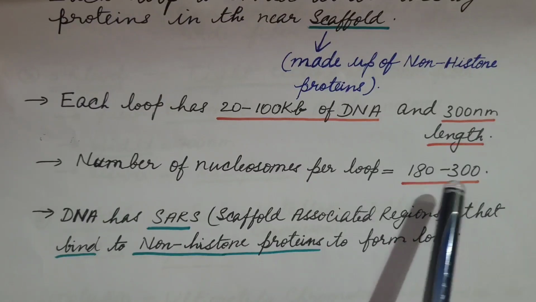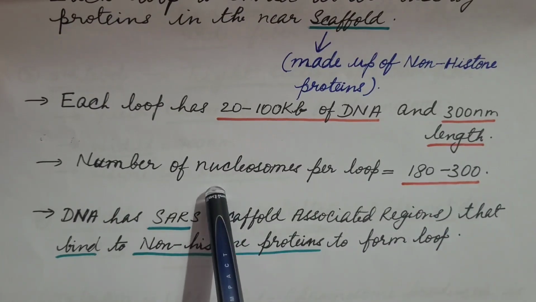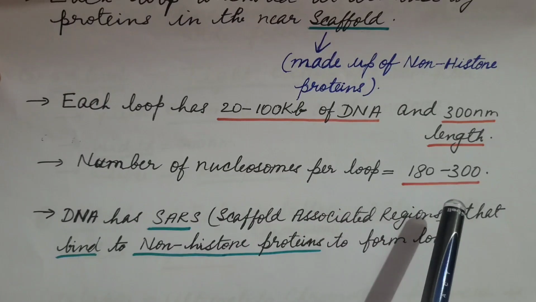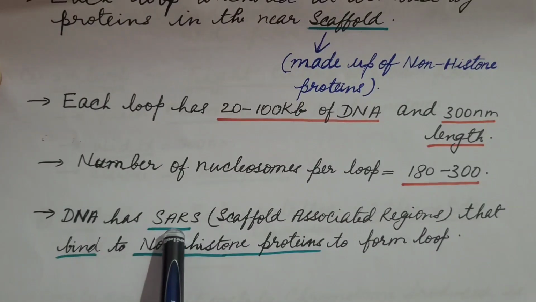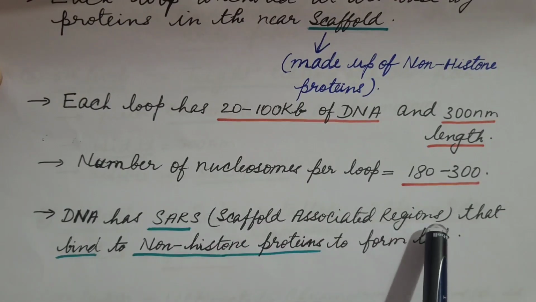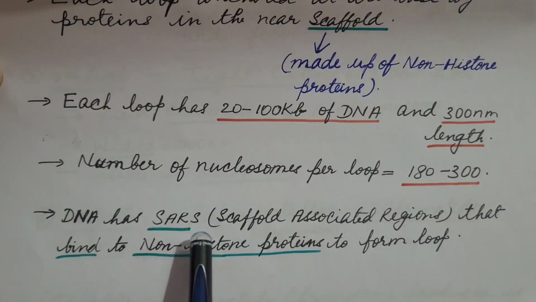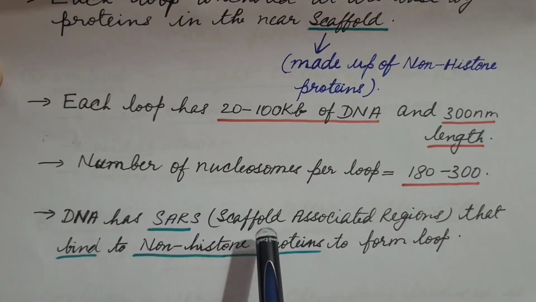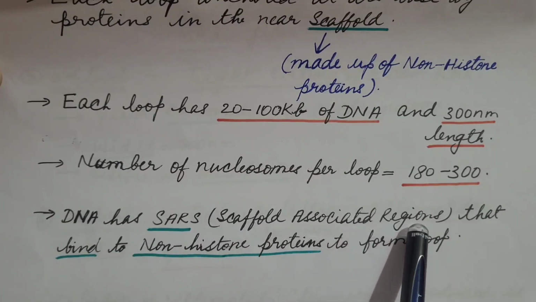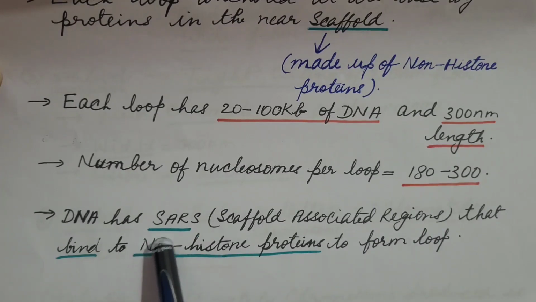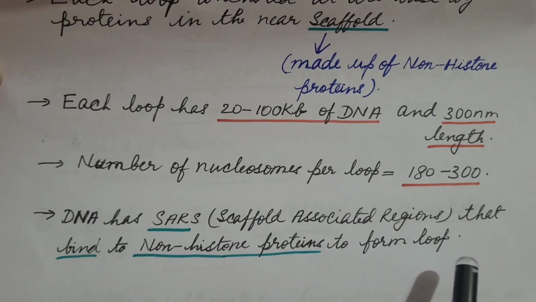DNA has scaffold associated regions that bind to non-histone proteins to form loops. So there is a certain stretch of DNA known as scaffold associated regions that binds to the non-histone proteins, which results in the formation of loops.